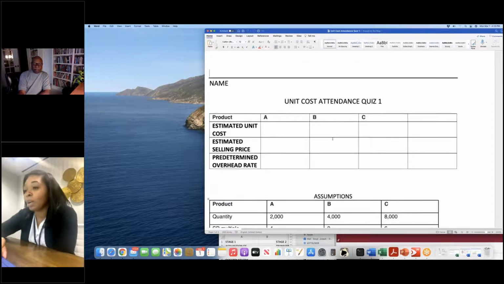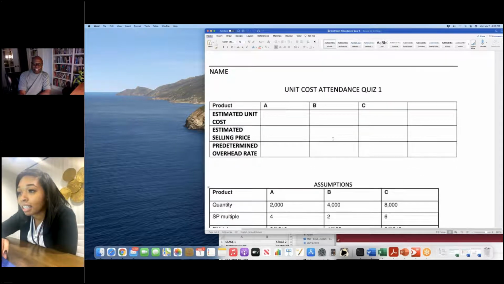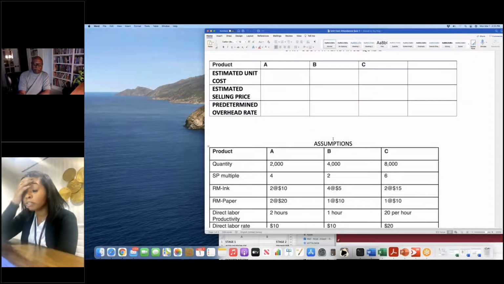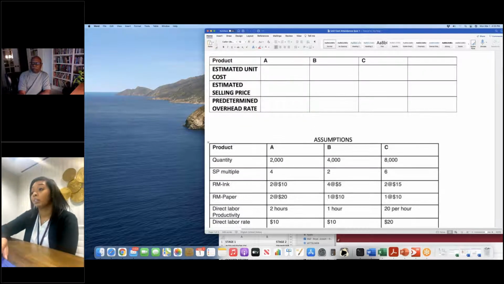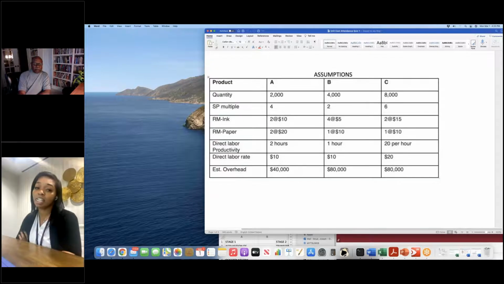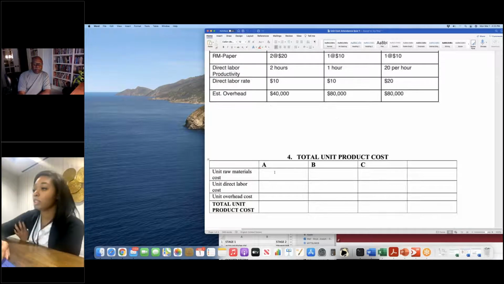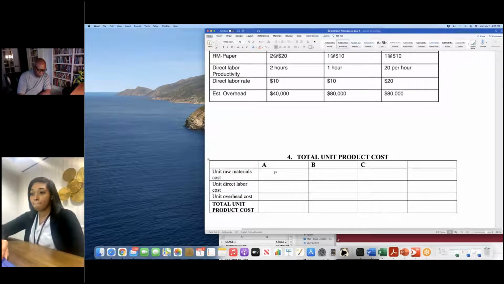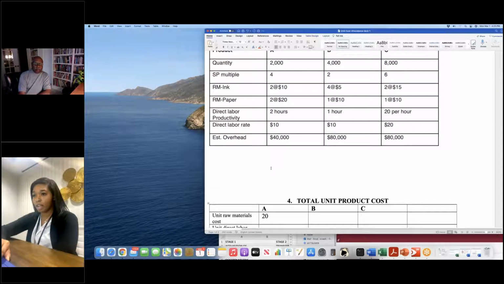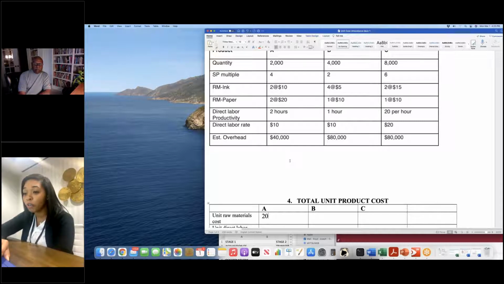The first thing I did is I went down and looked at the raw materials for the ink. It was 2 at 10, which is 20. Then I went to paper, which is 2 at 20, which is 40.